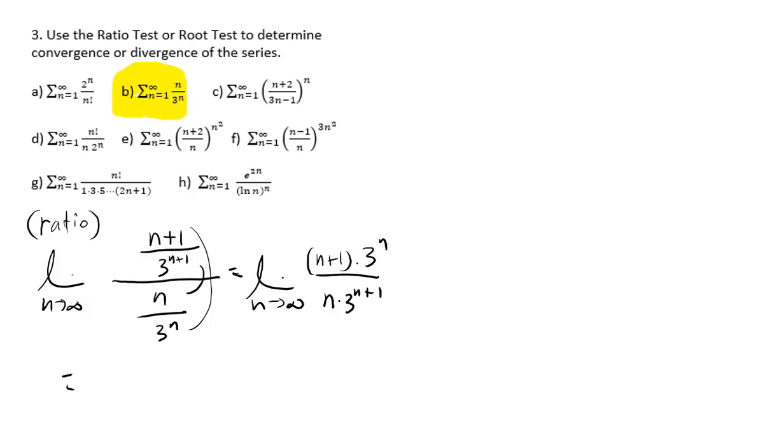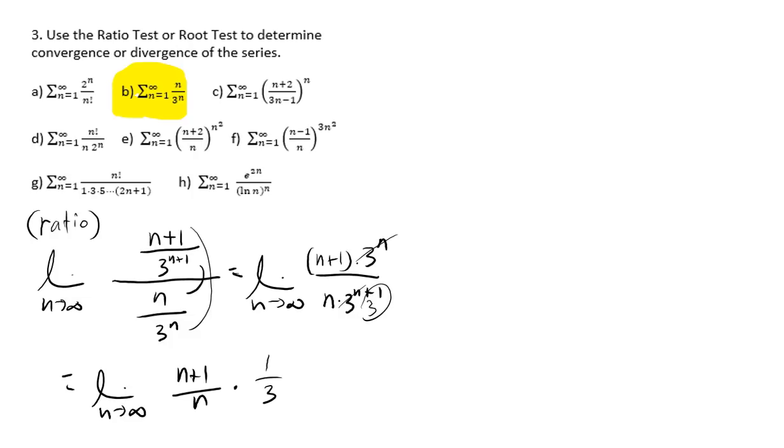Now that is limit n going to infinity of n plus 1 over n times 3 to the n over 3 to the n plus 1, which is, if you cancel the 3 to the n's, what you'll be left with will be just 1/3. It's just 3 to the first power, because 3 to the n plus 1 is 3 to the n times 3 to the first power. 3 to the n cancels, and you just have 3 to the first power left.